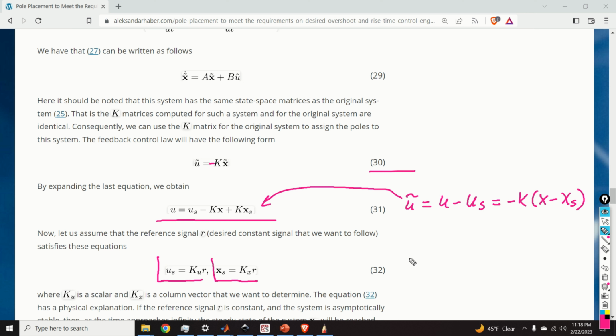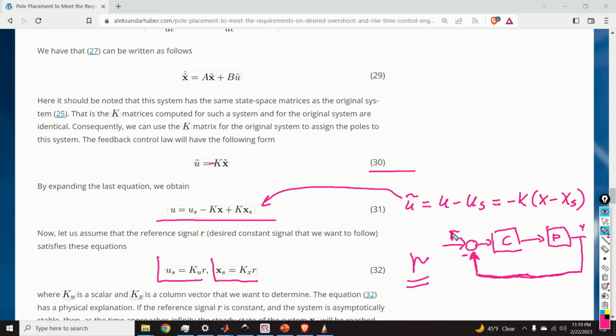And I will introduce my reference signal. The reference signal is the input to your control system, because keep in mind that the typical control system looks like this. We have a reference signal, we have a controller, we have a plant, and this is our output, and this output is fed to the summation block over here.